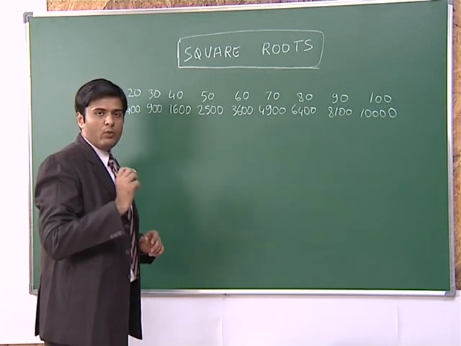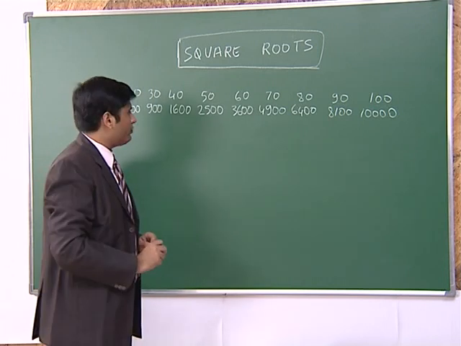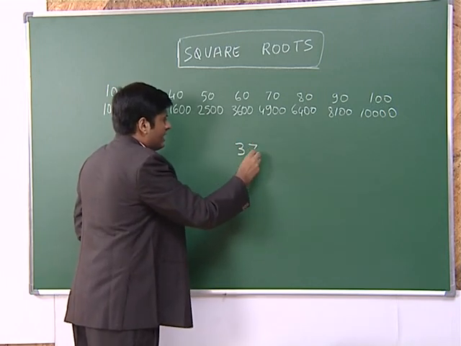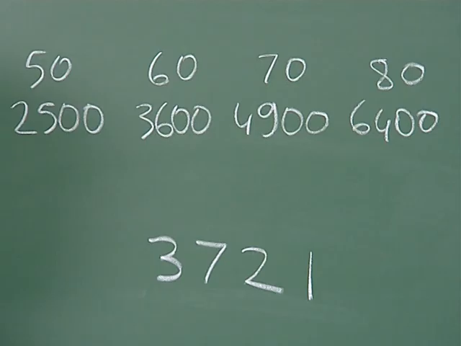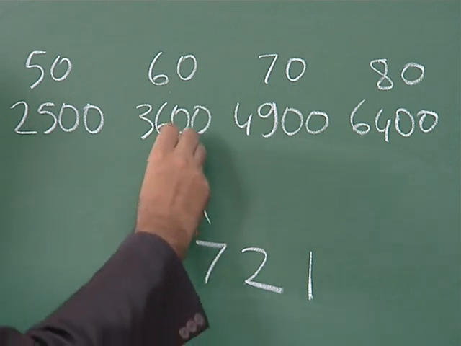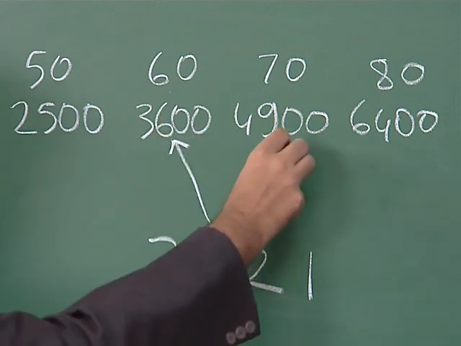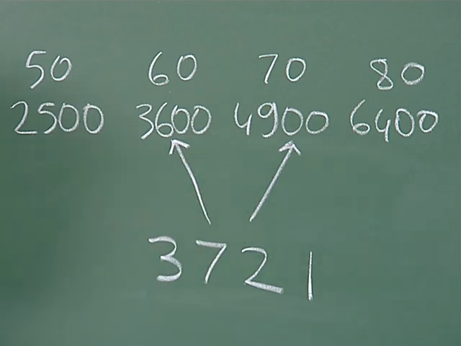Suppose friends, I want to find the square root of the number 3721. Ask yourself, is 3721 closer to the smaller number 3600, or is 3721 closer to the bigger number 4900?